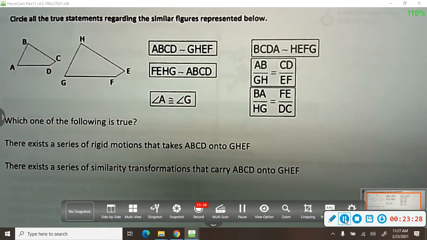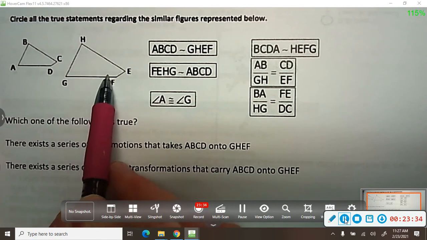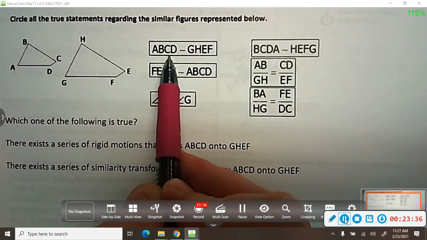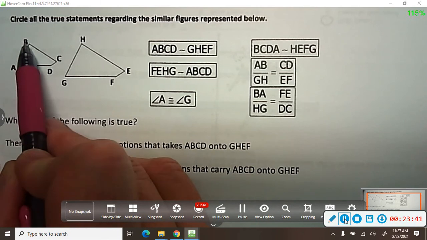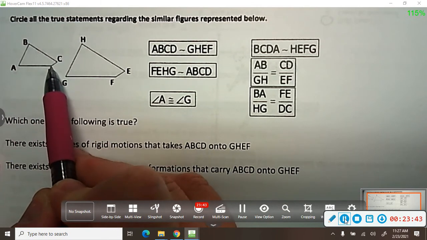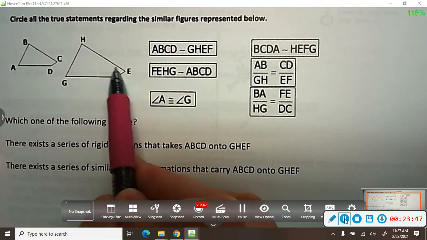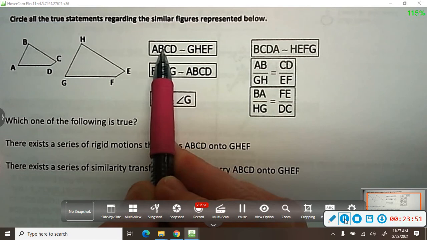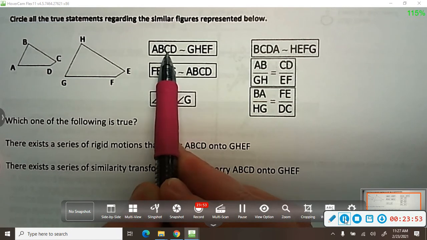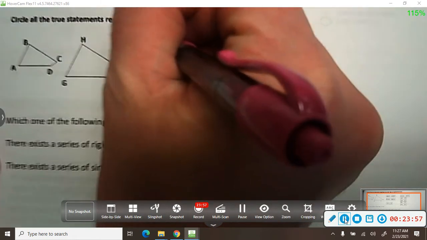Circle all the true statements regarding the similar figures below. So they tell me that these are similar. And the first thing they say is that ABCD is similar to GHEF. So A goes to G, B goes to H, C goes to E, D goes to F. That looks true to me.